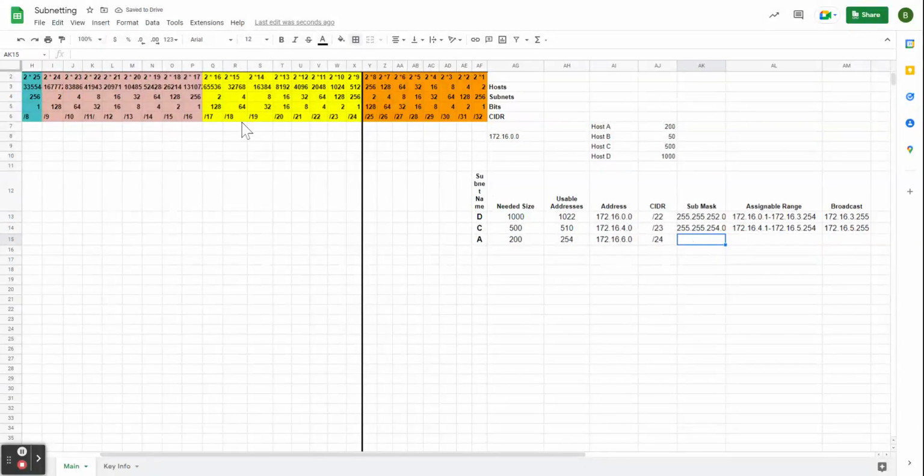The subnet mask, we just add all these together, so it should be 255.255.255.0.